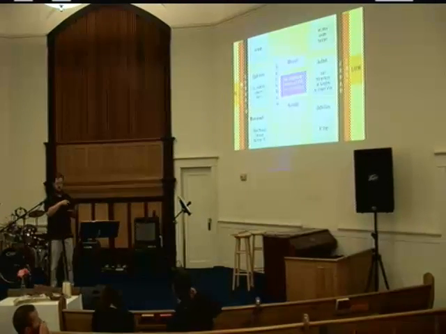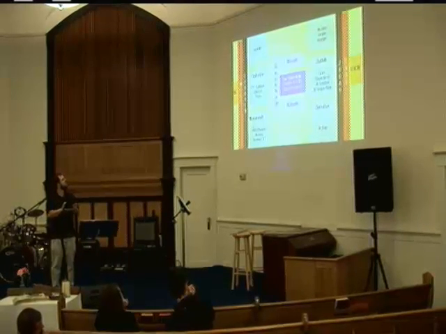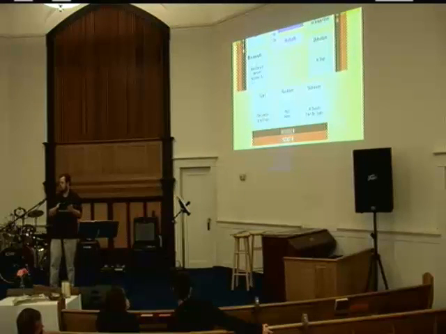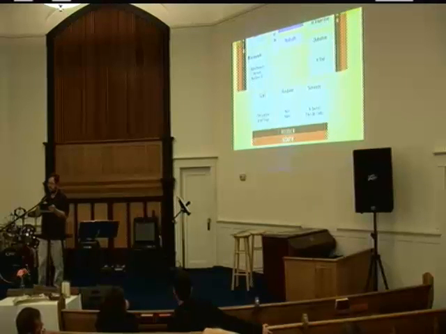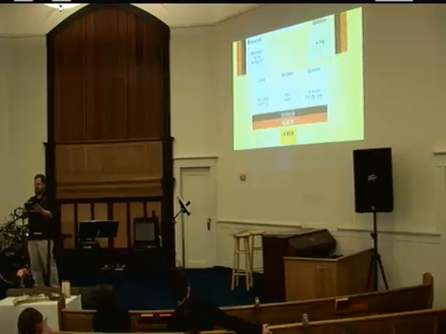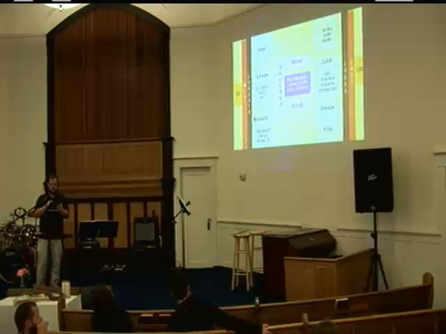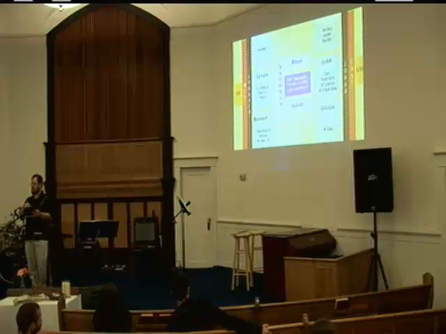The emblem of Judah is the lion. To the south, Gad, Reuben, and Simeon. Reuben's symbol is man. And to the west, Benjamin, Ephraim, and Manasseh. Ephraim's symbol is the ox, or the bull.